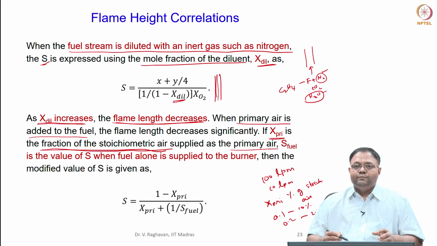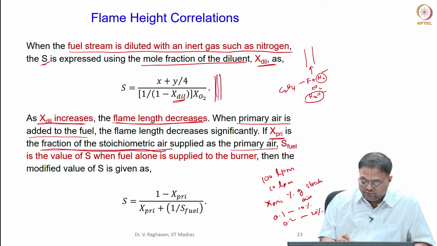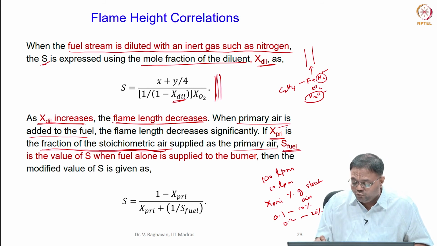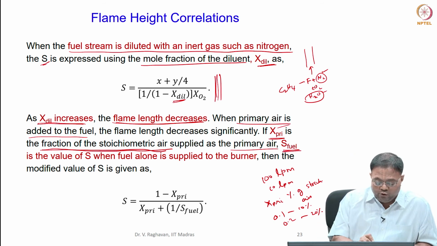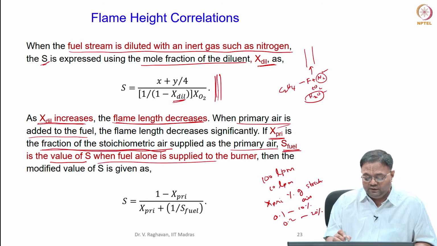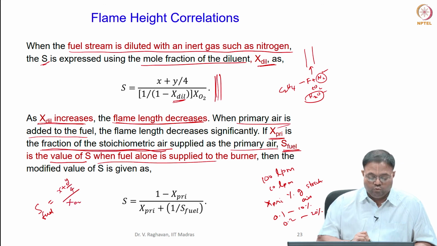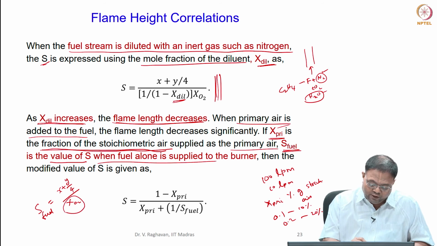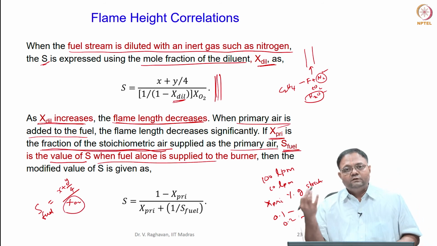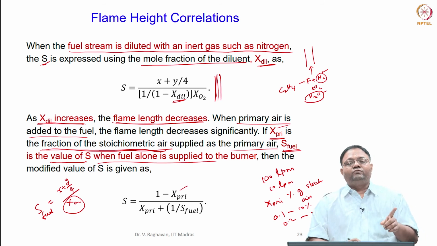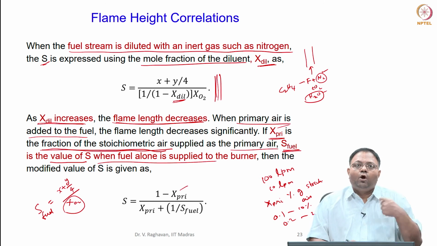In that case, how will I calculate S? S will be calculated using this Xp, and I will also use the S fuel term, which is the value of S when the fuel alone is supplied, that is S fuel equal to X plus Y by 4 by X of O2. Please understand this X of O2 is the oxygen mole fraction in the air stream, but Xp is the fraction of the stoichiometric air supplied along with the fuel.